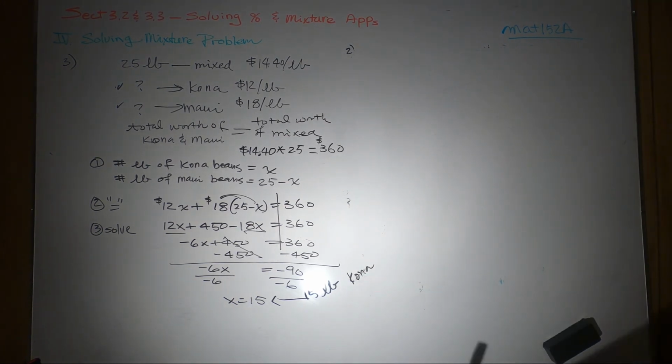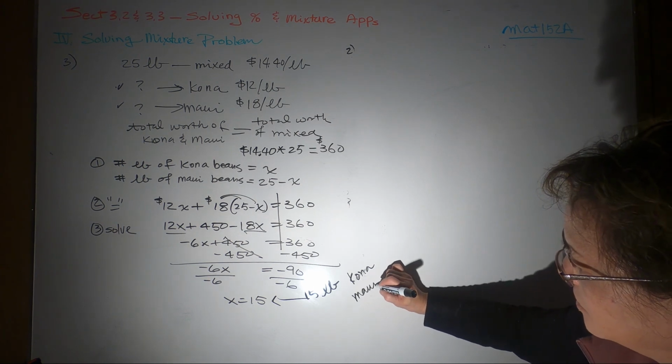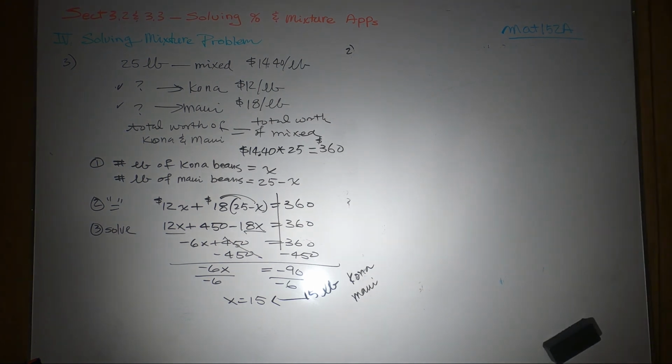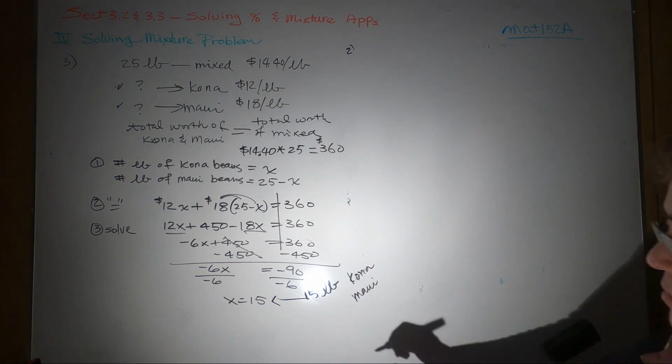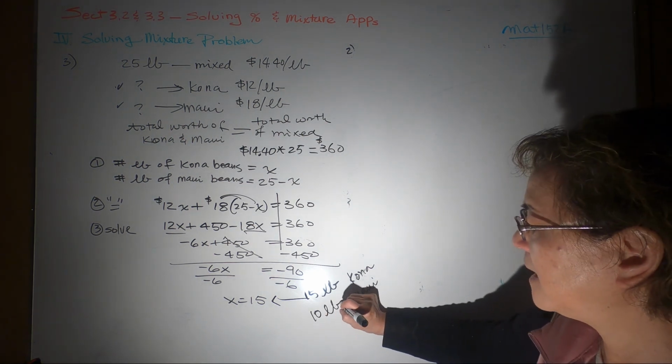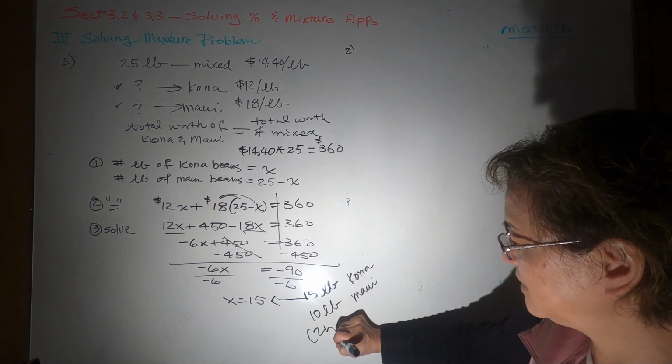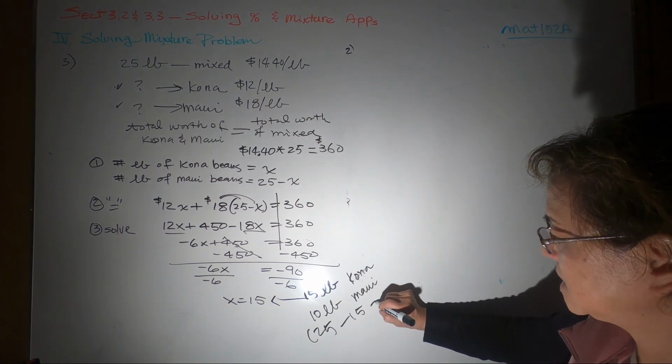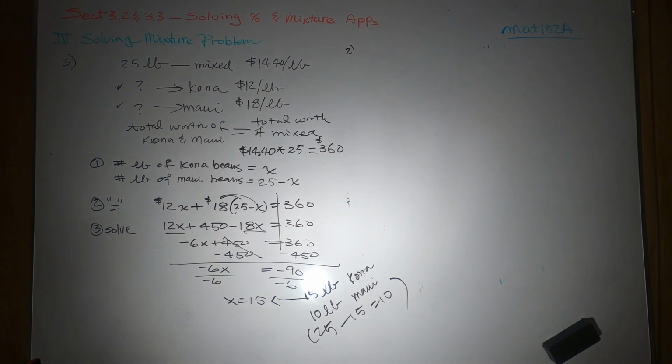Right? Then how many Maui beans will you use? Total 25 pounds, right? So that would be what? 10 pounds, because 25 minus 15 equals what? 10. 10 pounds of Maui beans. Right?